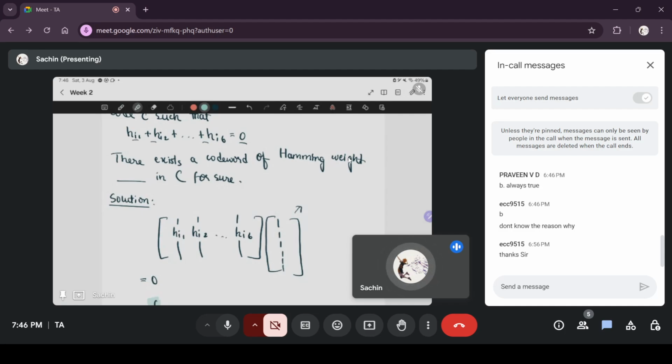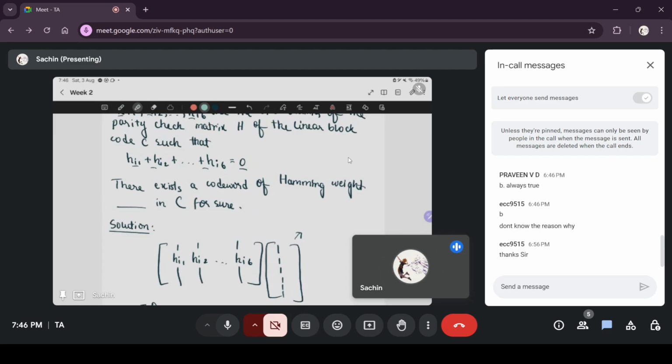So in this way, if they give you any equation, let's say they give you that hi3 plus hi4 plus hi5 is 0, then you can rewrite that equation in a similar form. Then you can put a 1 in those three places, 3, 4 and 5, and a 0 in the remaining places.